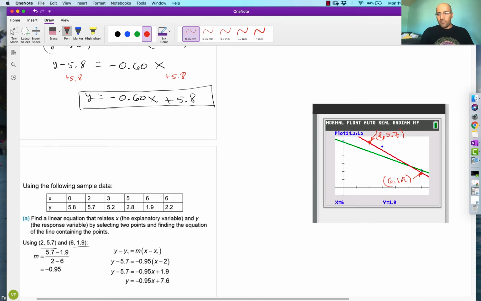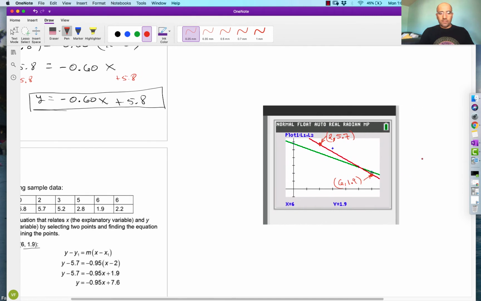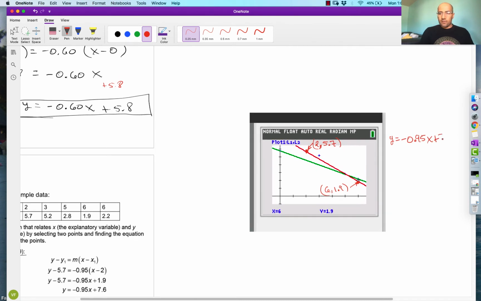Okay, so the author found the equation of the line that goes through those 2 points, and that's what this is. Y equals negative 0.95x plus 7.6.